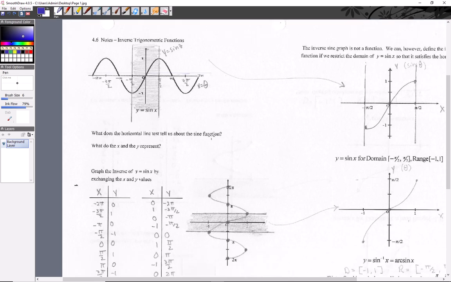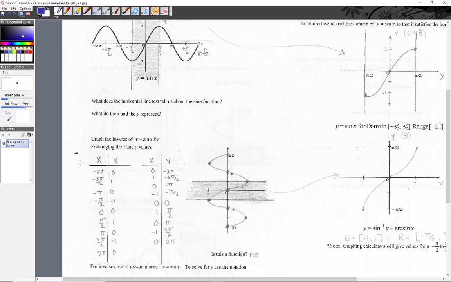All right, so that's what that represents, and we'll come back to this particular little shaded in area in a second. So let's come down here, and you can see that I made x-y pairs for this original graph. So when x is negative 2 pi, y is 0. When x is negative 3 pi over 2, y is 1, right up here. When x is negative pi, you're back down to 0, and it just keeps doing that. So you may want to pause the video and complete this.